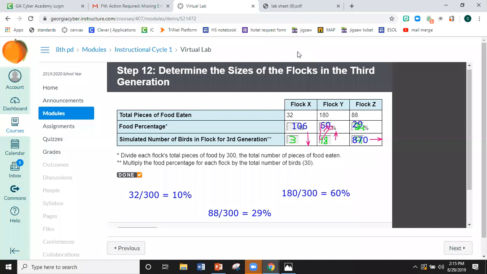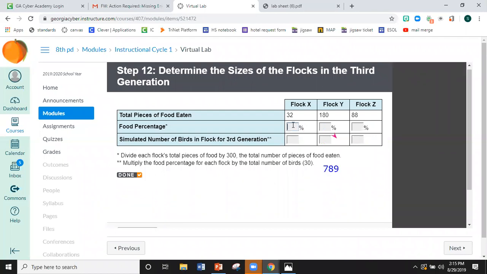I'm going to clear these just so that it's easier to read, and I'm going to type the answers. It was 10.67, which we're going to round to 11. 8.7, I'm going to round to 9. So flock X only got 11% of the food.